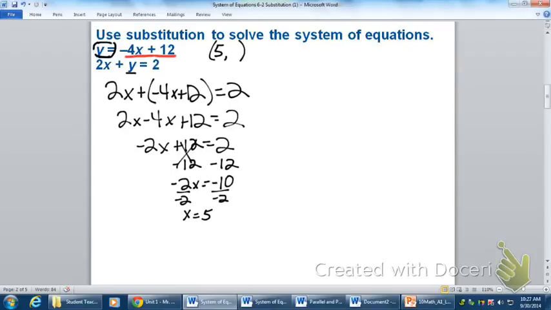So let's say I'm going to rewrite that equation, 2x plus y is equal to 2. Now, we just figured out what x equals.